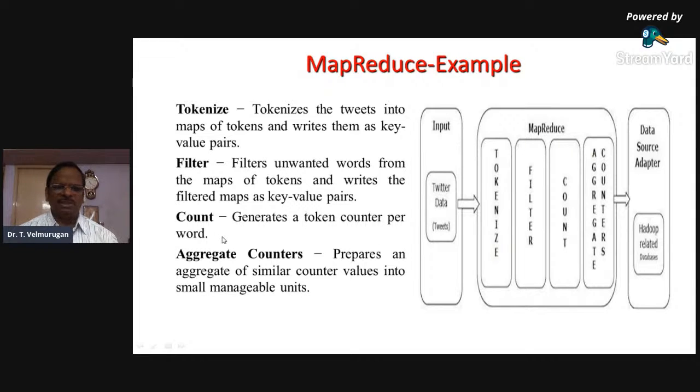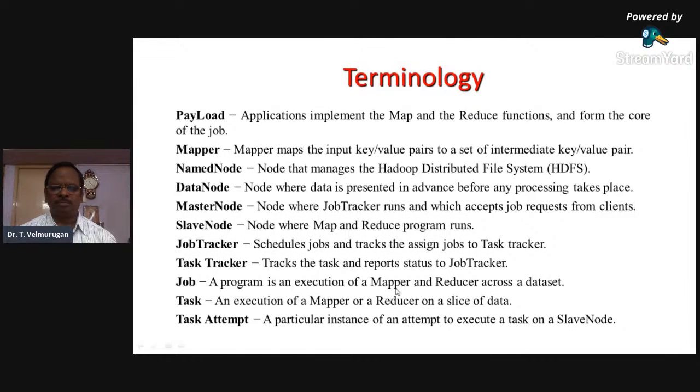Count is one of the tasks which counts the number of tokens, the token counter per word. Aggregate counters prepares an aggregate of similar counter values into small manageable units. So this is the simple example of the MapReduce method.